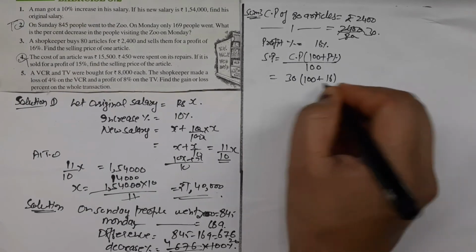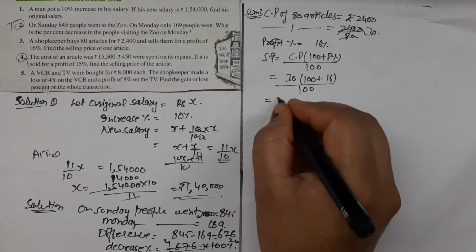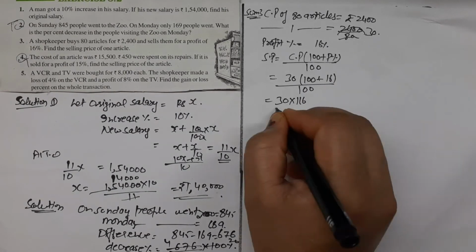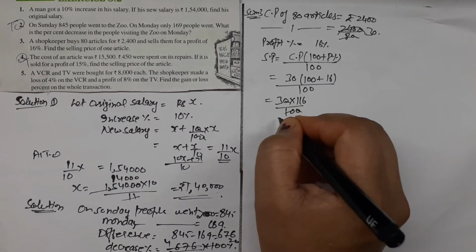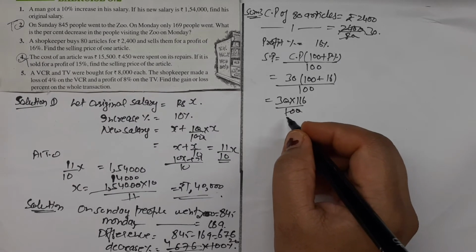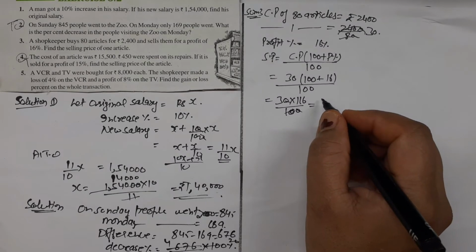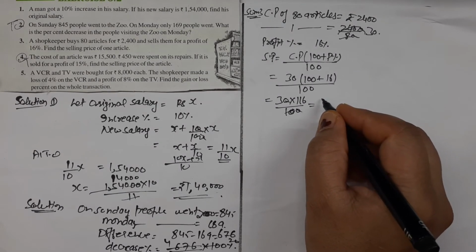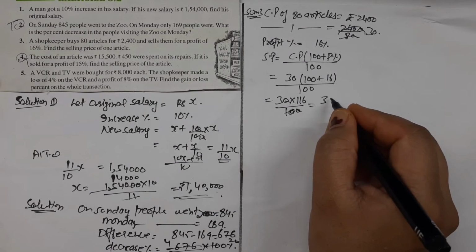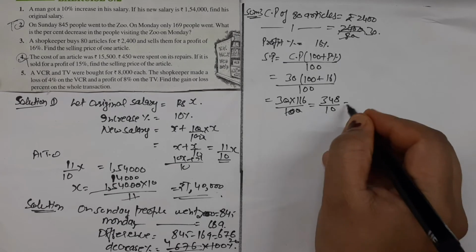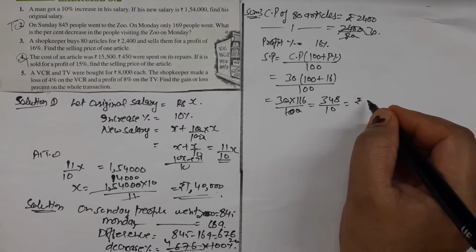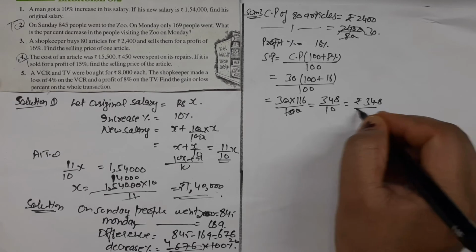Put the values. Solving. First we will multiply it. SP of one article is 34.8 rupees.